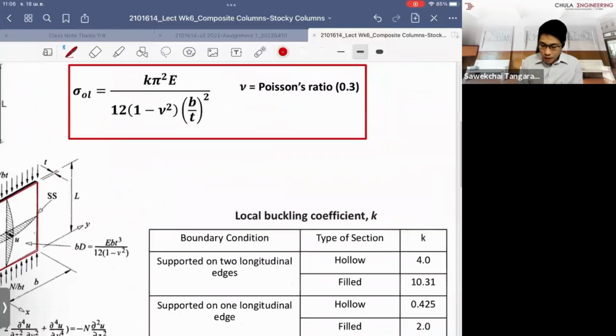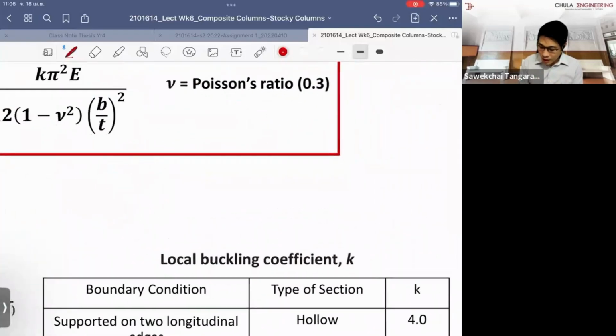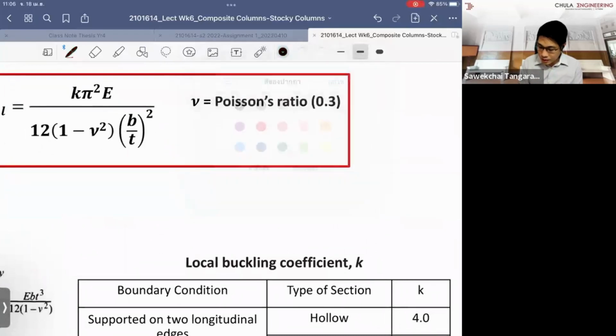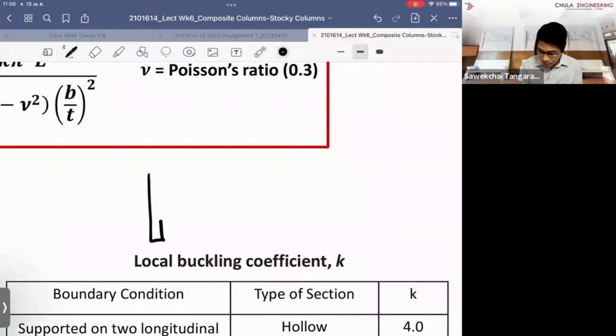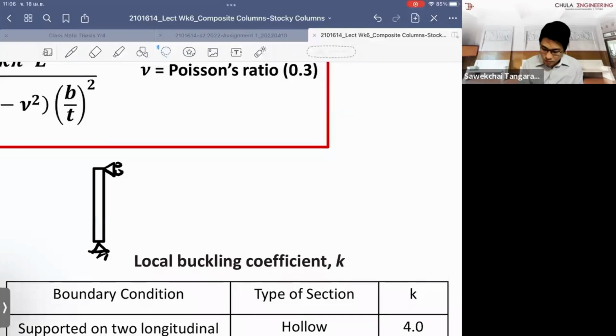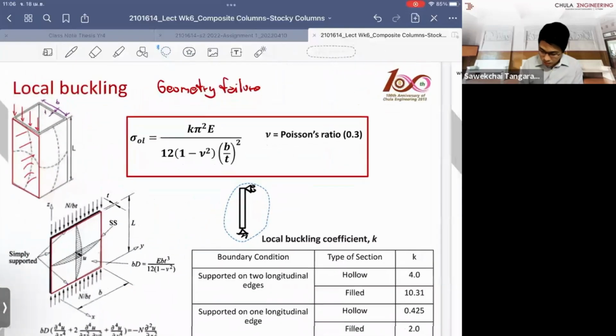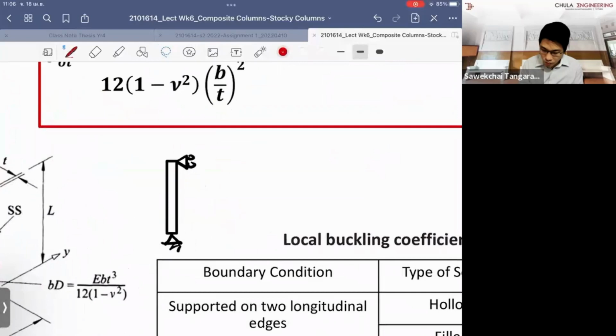If you recall what you learned for the buckling equation, you did it in the second year already. You have the roller, you have the pin here, and we apply the axial force, and we're saying that it goes to the critical load.